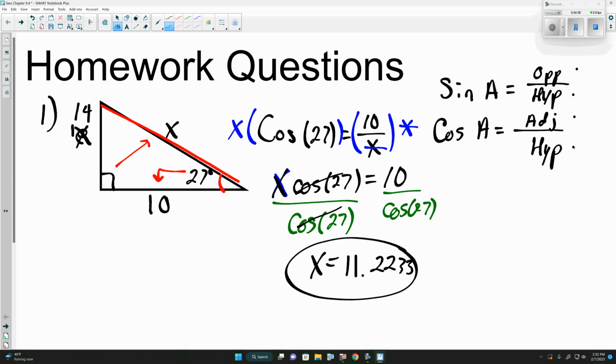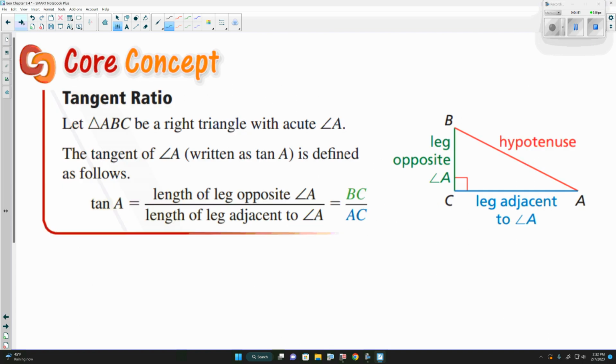Now, does that cover every type of option? No, what could we have? We could have the opposite and adjacent side and not the hypotenuse. If we have that, we'd have to try to find the hypotenuse to use sine and cosine. However, tangent is the ratio of the opposite side length over the adjacent side length.